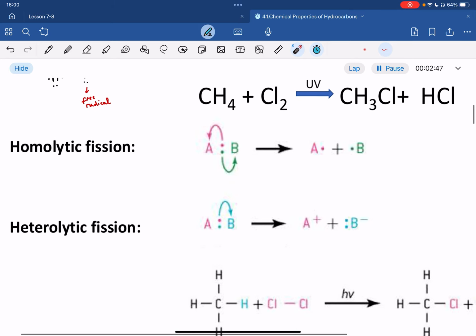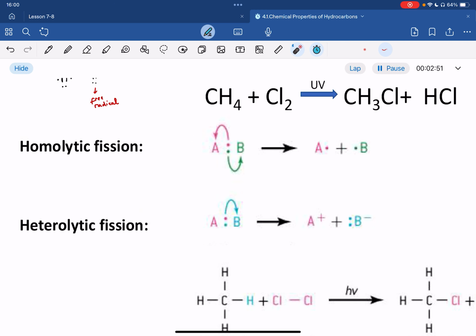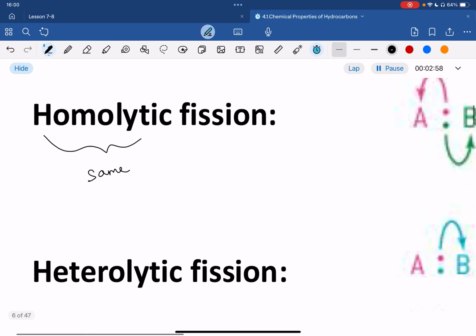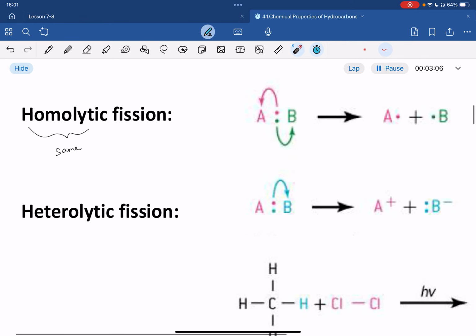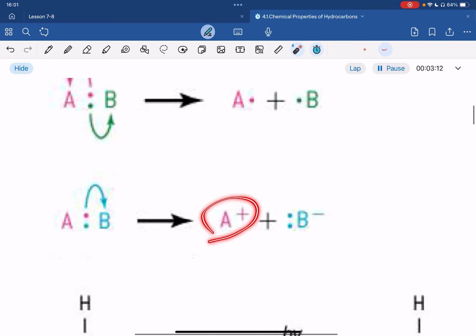Also, just remember these two words, homolytic fission. Homo means same. In homolytic fission, we are getting radicals. But in heterolytic fission, hetero means more than one, and we are getting one cation and one anion.